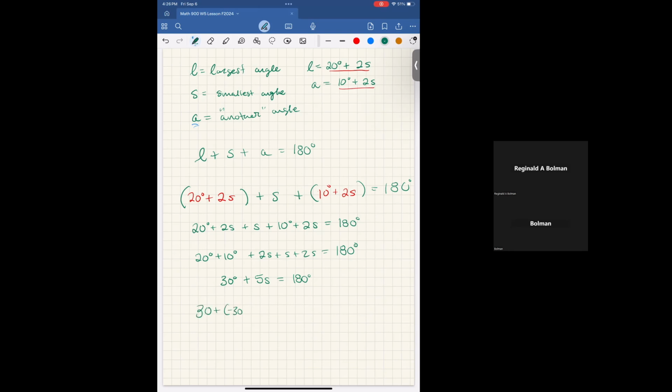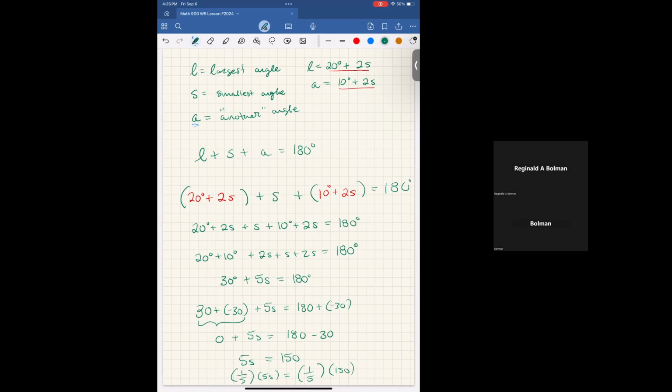Let's go ahead and we'll add a negative 30 degrees to both sides. 30 plus negative 30 gives us 0. And 180 plus a negative 30 gives us 150. We'll multiply using a multiplicative inverse now on both sides of our equation to rid the 5s of its coefficient. So I'm going to multiply 1/5 by 5s and 1/5 by 150.